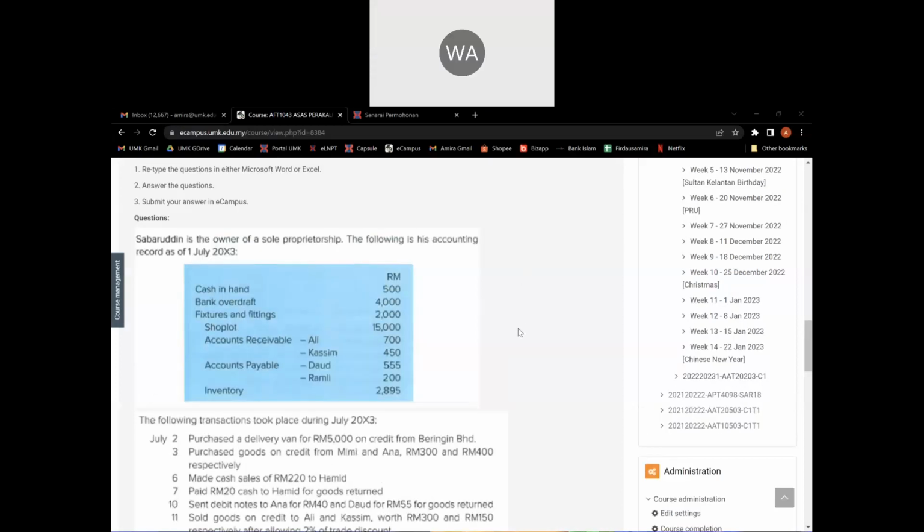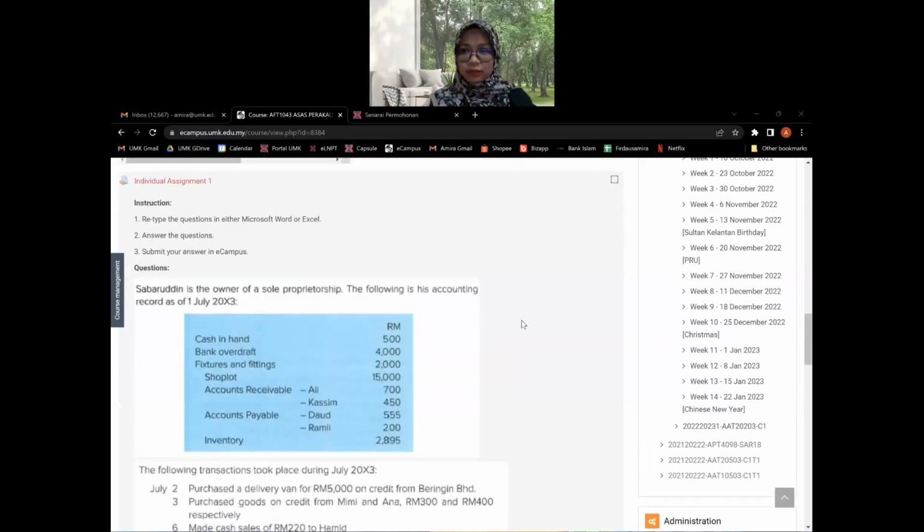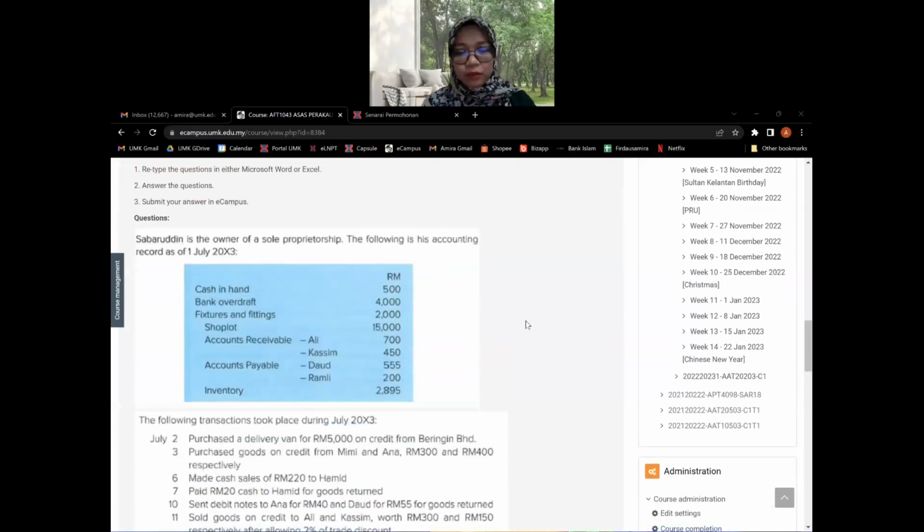Because when you go to work after graduating, most businesses, usually small businesses, will use Excel. So it's quite important for you to explore Excel. This exercise can improve your Excel skill.